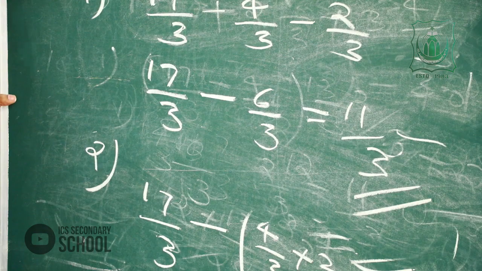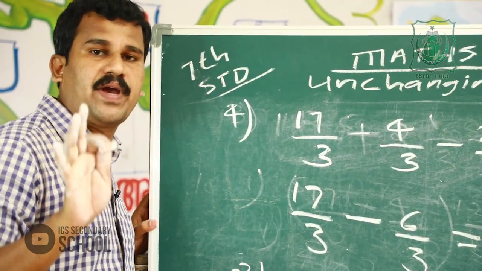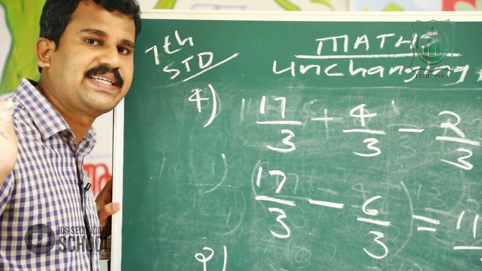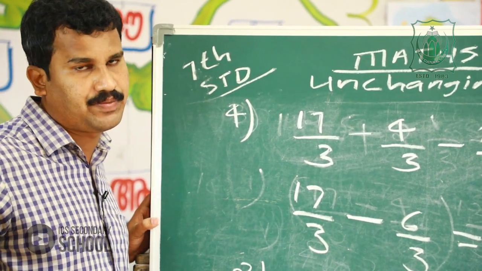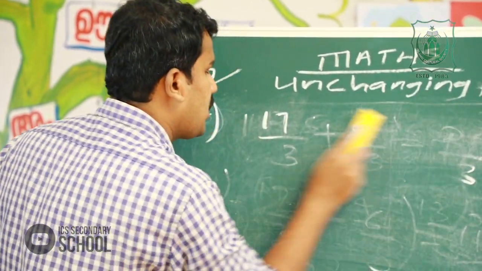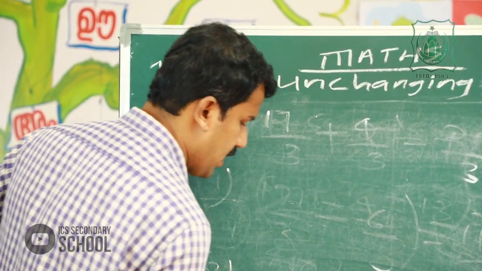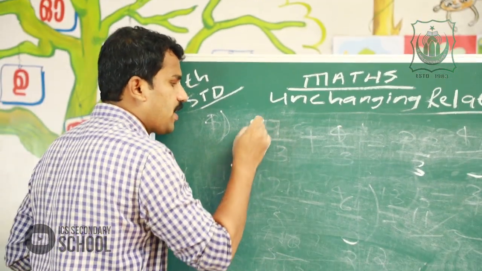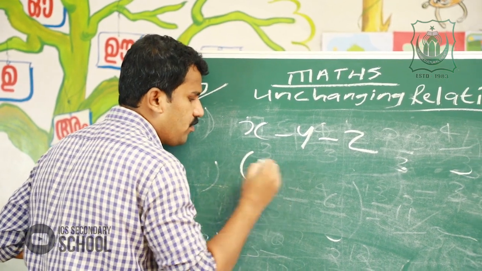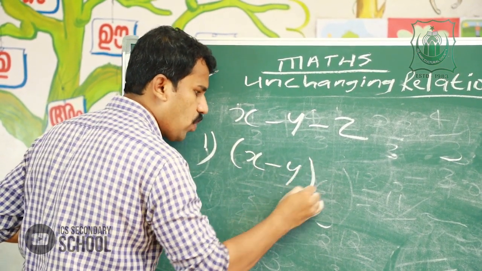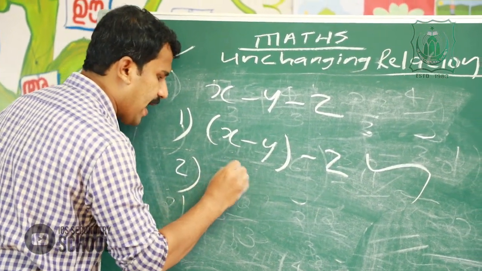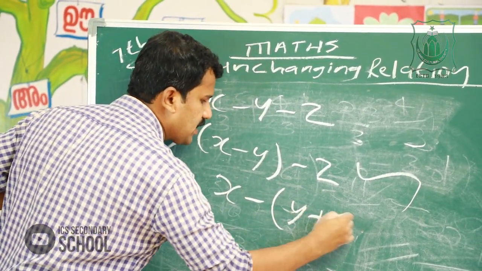So the two methods of subtraction give the same answer, that is 11 by 3. You can do any one of these methods. In the subtraction procedure, we can write in algebraic form: x minus y minus z, that is the first method, or the second method, x minus, in brackets, y plus z.